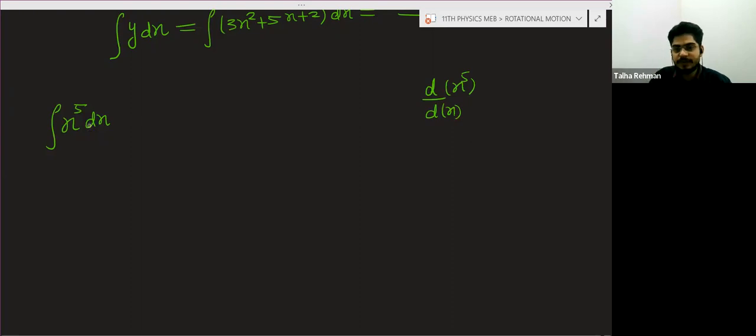So see the difference. Here you will simply write 5 into x to the power 4. You will write 5 and you will just decrease one power of x.